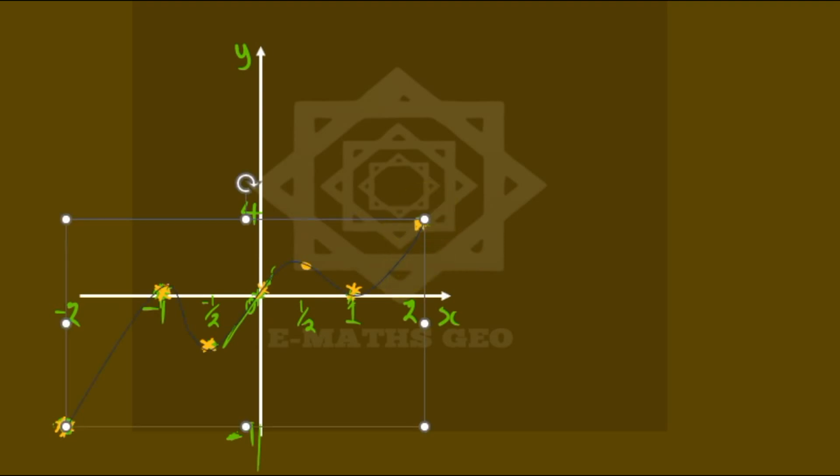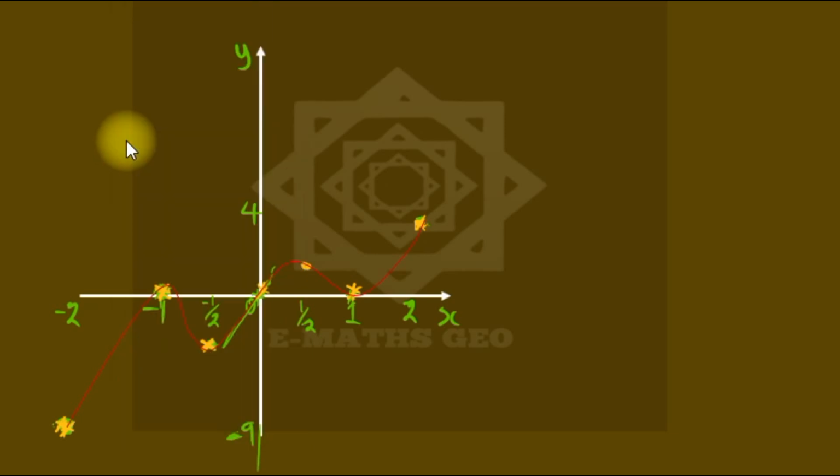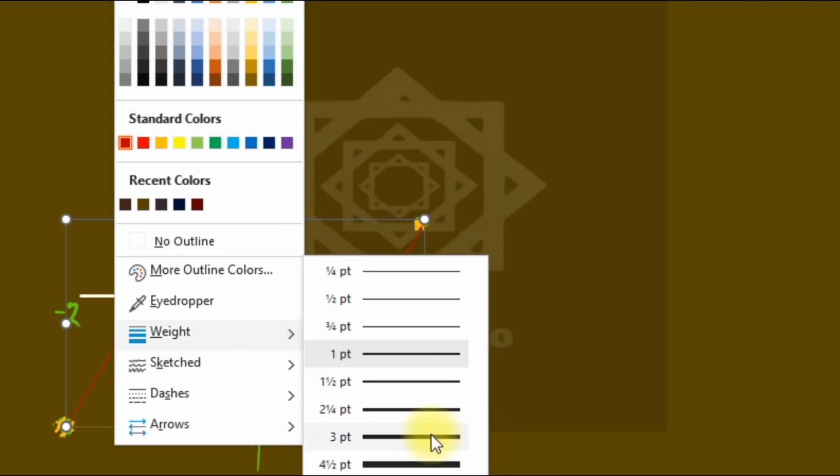So look at our graph. Let me color it. Let's use red and make it thick.